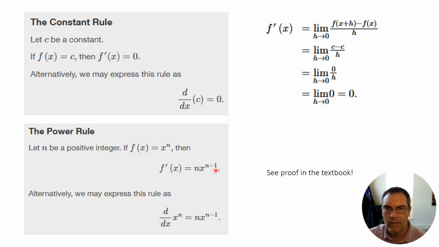So every time you take the derivative of a power, you reduce the power by 1. You can also express this in this notation where you're doing the derivative operation on this function, same result. We'll go through an example at the end that pulls these rules together.